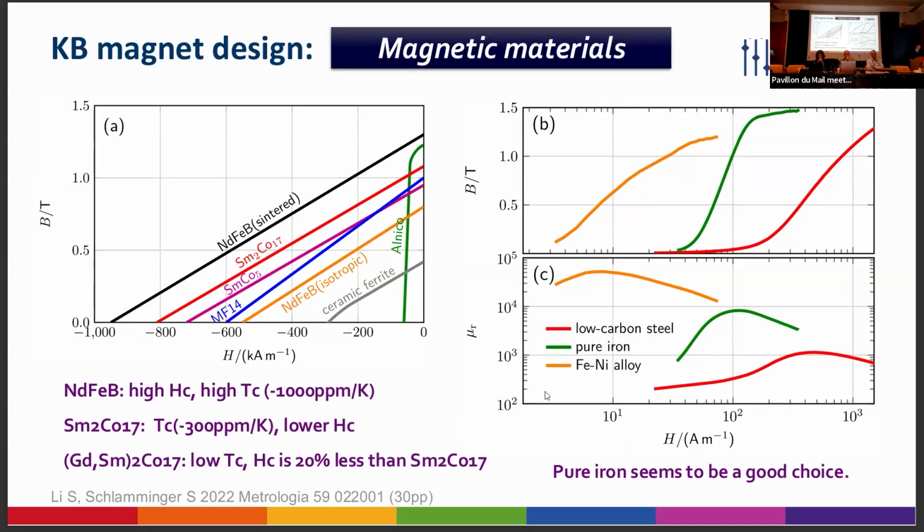But you can also choose samarium cobalt magnet. The temperature coefficient is lower, about minus 360 ppm per Kelvin, but you also have a lower HC number. Then you can, of course, use temperature-compensated, low temperature materials, but it will even weaken the magnetic field.